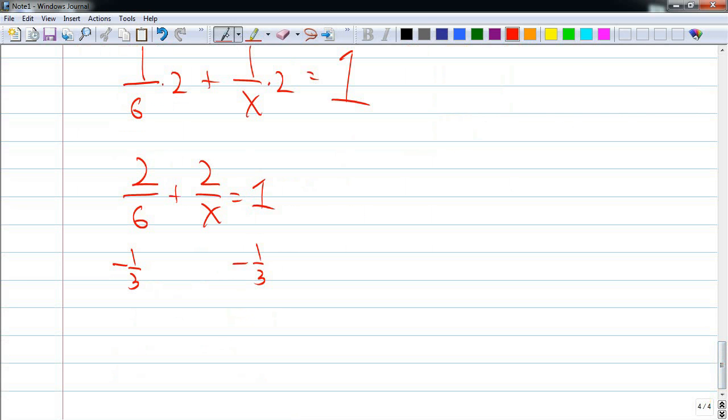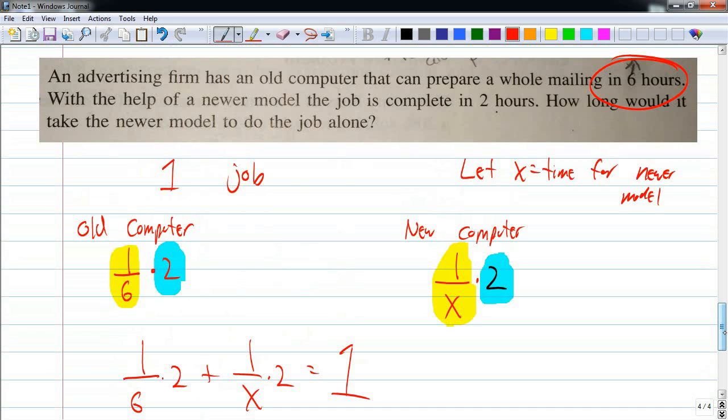And so I'm going to have 2 over x equals 2/3. 1 minus 1/3 is 2/3. It should be obvious from here. If not, you can solve it out that x equals 3. So it will take my new computer 3 hours to do the mailing.